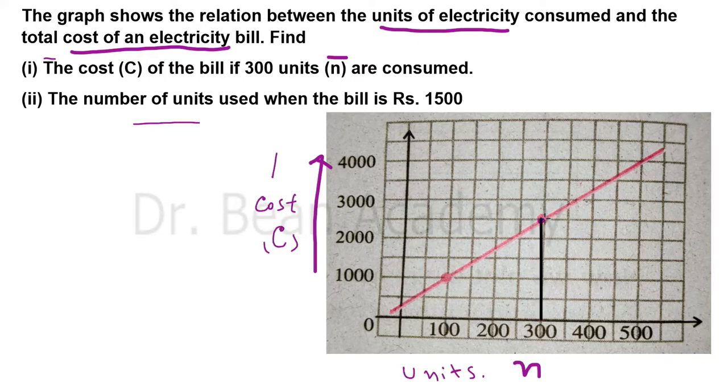So I will just connect through the straight line and then go straight to the left side and stop here. So what do you think is the cost? You should be able to read the axis.